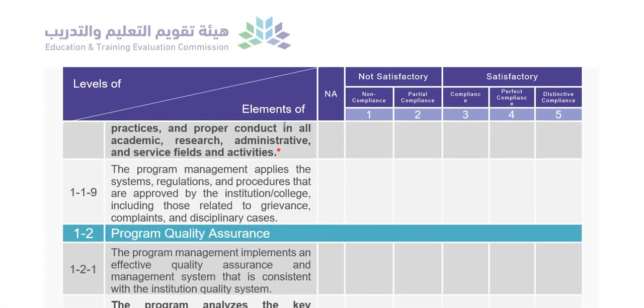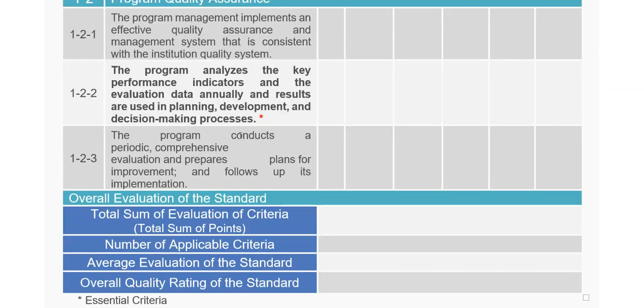If you don't have sufficient documents, or you didn't regularly update the mission, or you have some problem with the advisory board, you don't have an advisory board, maybe you couldn't link or contact employers, or something is not sufficient here, you can put 3 as the evaluation grade for this criterion.